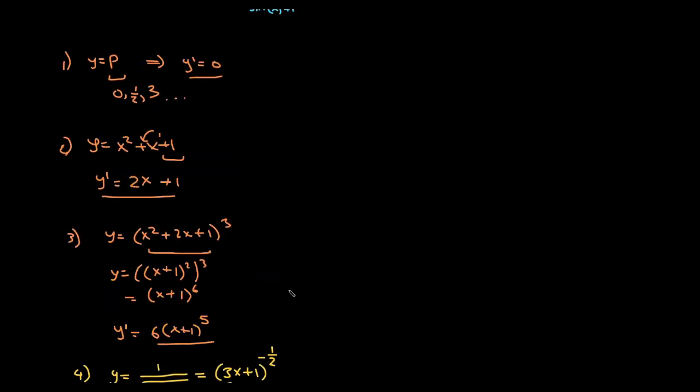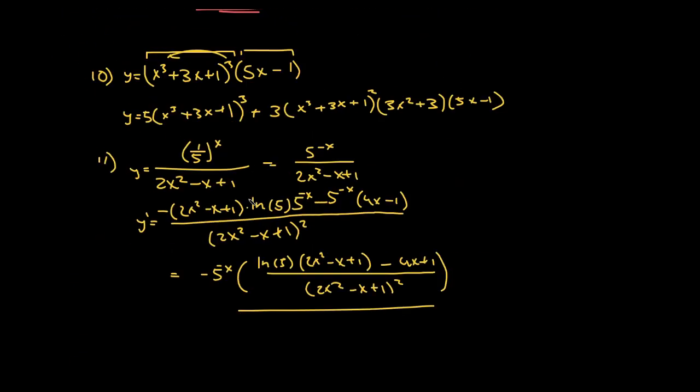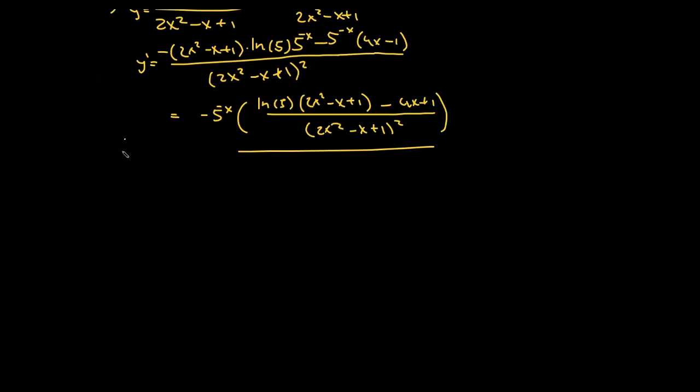Alright. So derivative 12. That's going to be log base 2 of e to the 2x plus 2e to the x plus 1. Alright. Let's go down again. So that's derivative 11, derivative 12, log base 2 of e to the 2x plus 2e to the x plus 1.